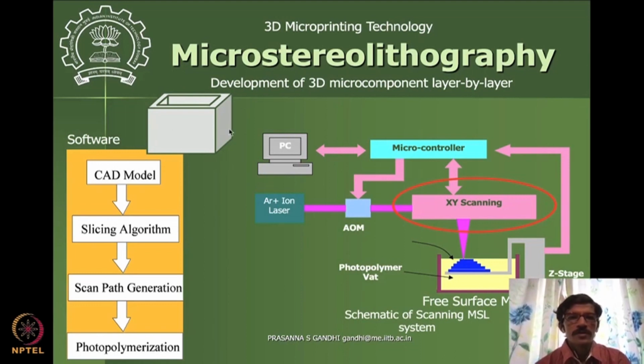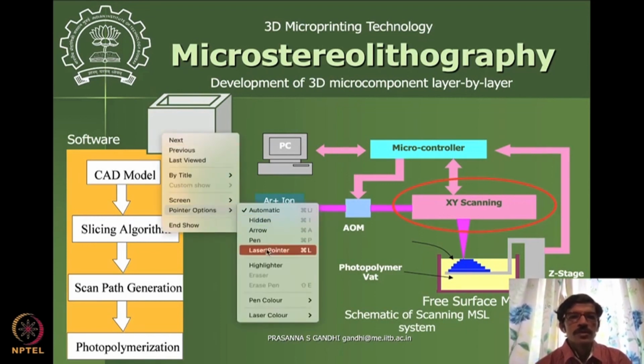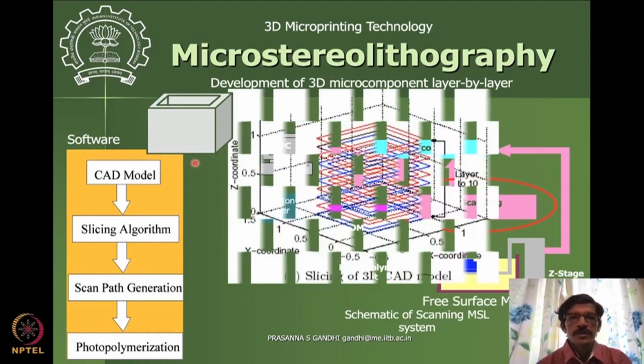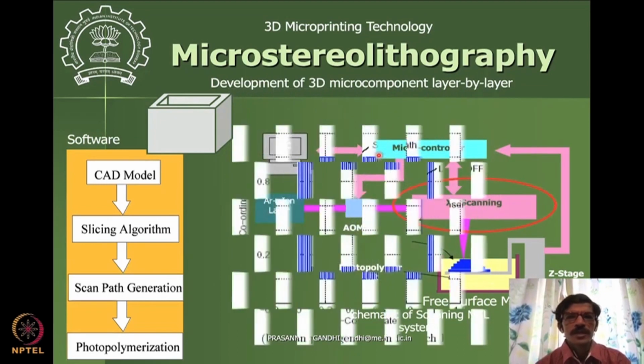We start with the CAD model in the software, and this CAD model, as you see here, is then software-sliced into different slices. This is software that we have developed in-house to create these slices from the CAD model, and then further these slices are divided into lines for the scanning.